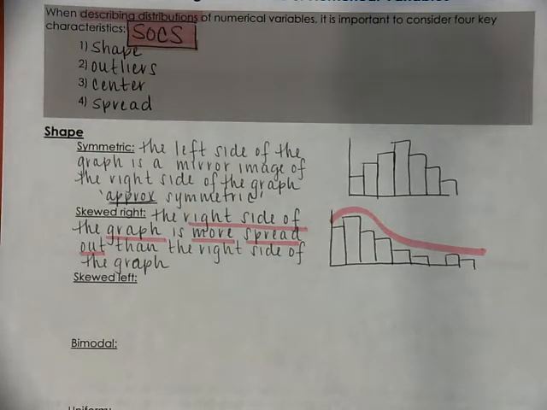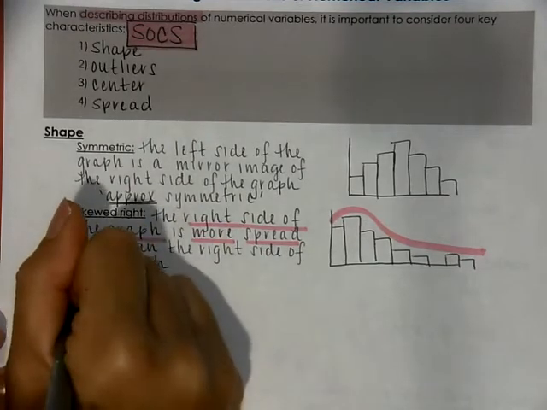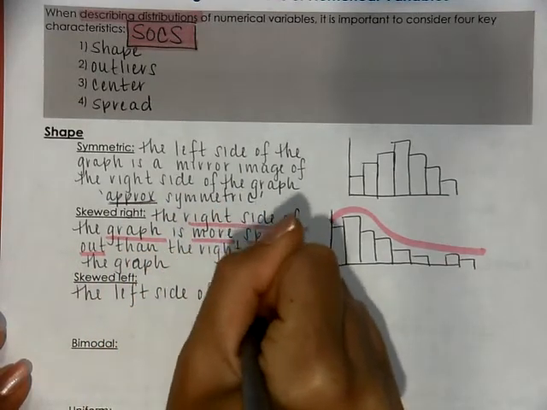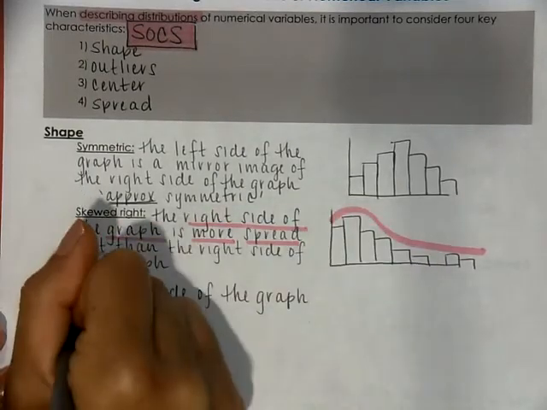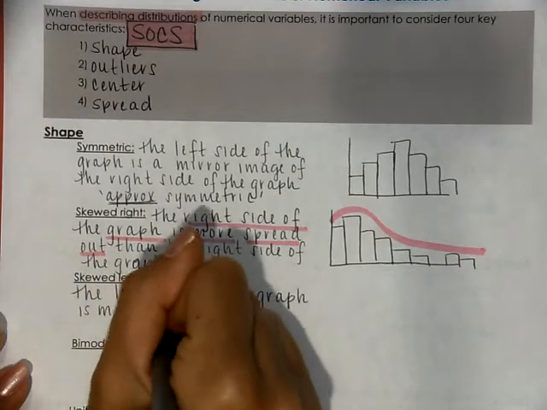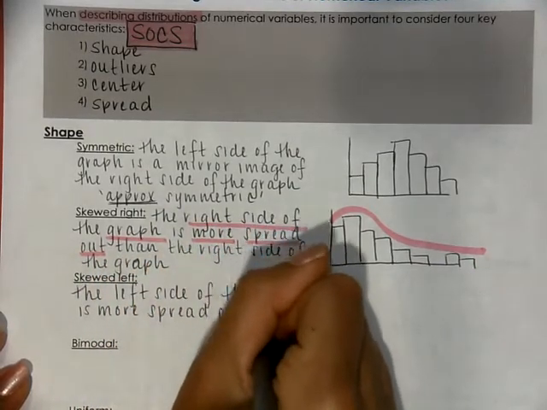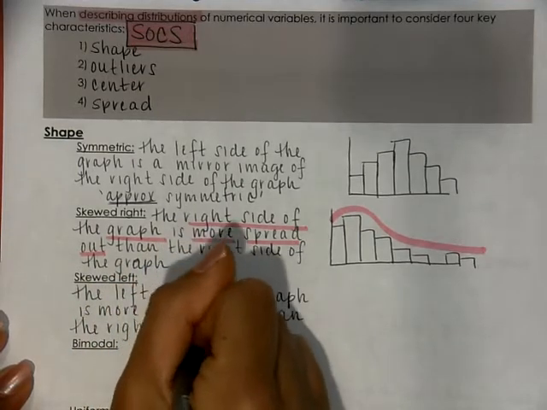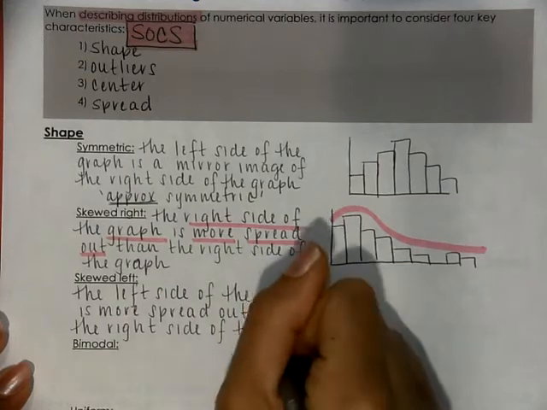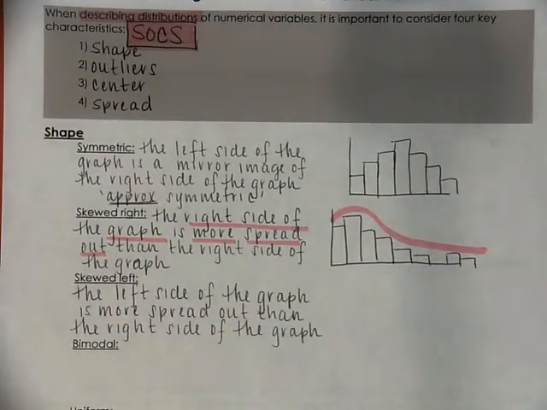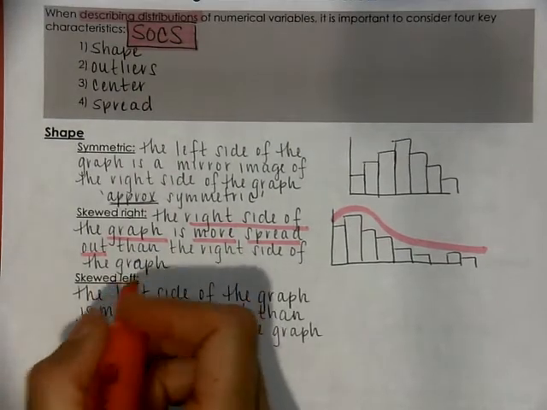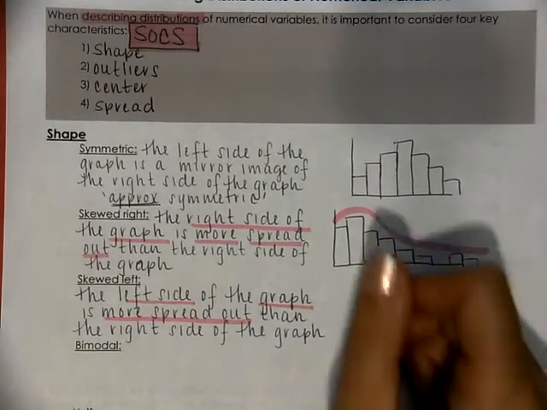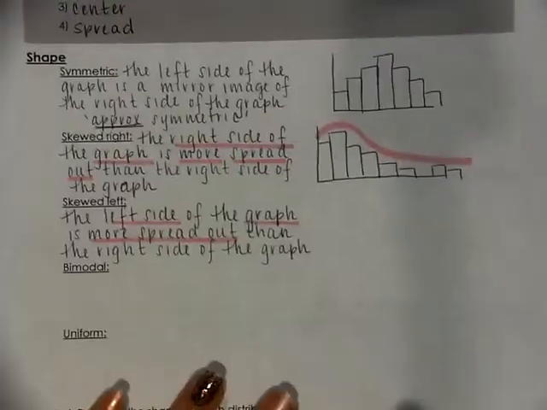Skewed left is the opposite. It's when the left side of the graph is more spread out than the right side of the graph. So skewed left may look something like this.